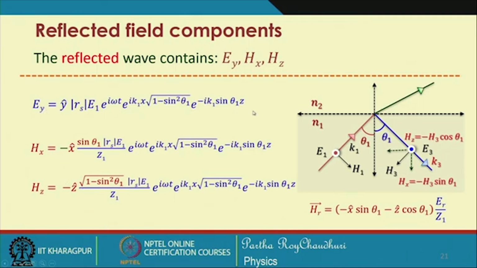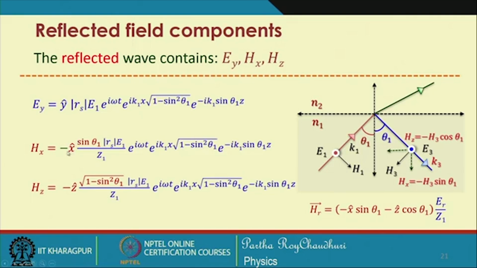Ey will be this, we have seen, in the reflected wave, because it is simply modified by a factor of Rs times the incident electric field. And for Hx we have seen this one, and for Hz this again comes from here. You have this H field, you have a negative value of the x component of the magnetic field and a negative value of the z component of the magnetic field.